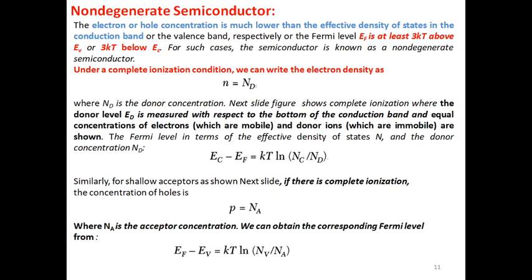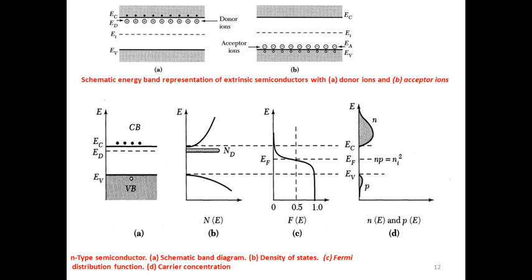Similarly, we can calculate for the shallow acceptors, which is shown in the next slide figure. Under the complete ionization condition, the concentration of holes p is equal to Na, where Na is the acceptor concentration, which is nothing but the acceptor ions shown in figure B, with respect to the reference level Ei, and Ea is the acceptor energy.